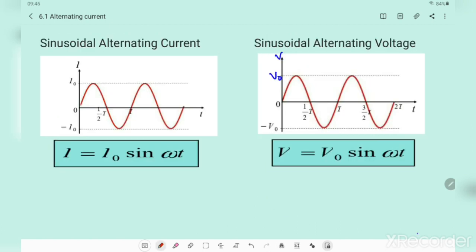This is the sinusoidal alternating current, and the equation is I equal to I naught sine omega t.